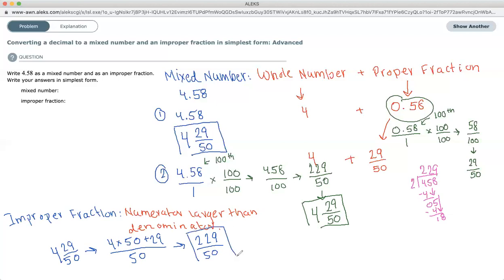Since we had simplified for the mixed number step, this is our answer in simplest form, and you can match that with the second method. They end up being the same. The second method gives us the improper fraction, and these are our answers.